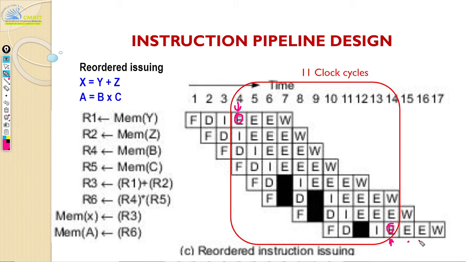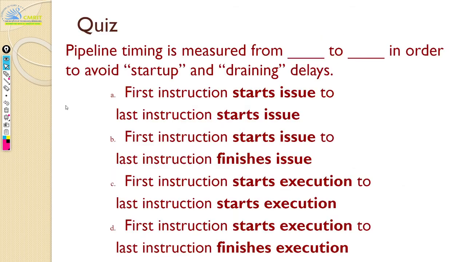You're not waiting for this guy to finish. This will come under the draining time, and this is the filling time. Okay, clear, guys? So this is how we calculate the clock cycles in a pipeline. Thanks, Shubham.